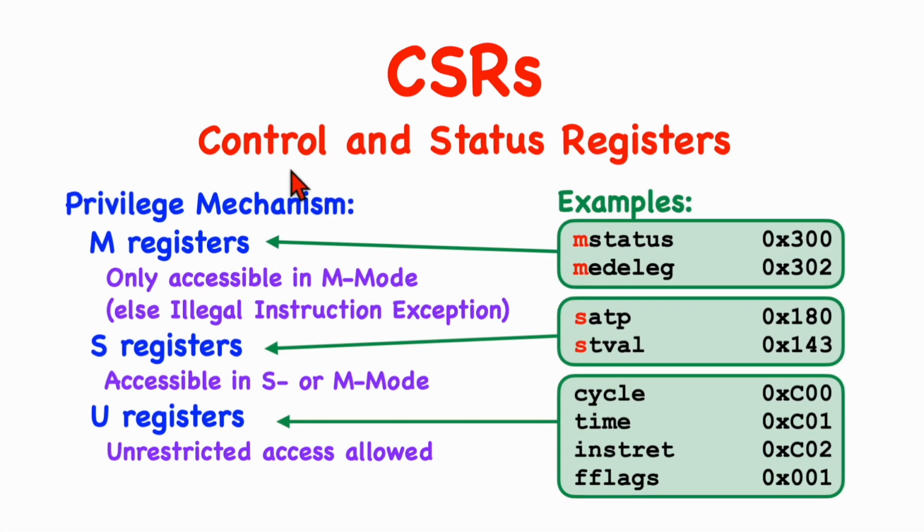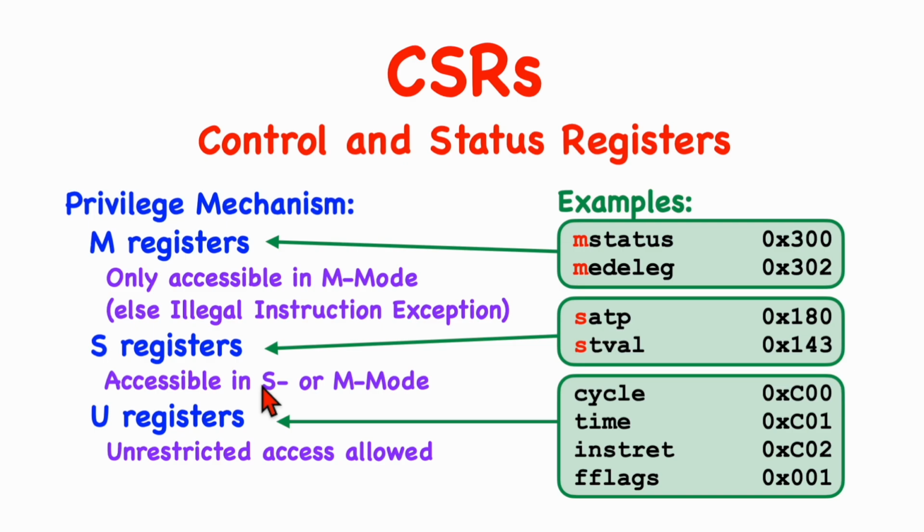So how is access to the control and status registers regulated? There are actually three different categories or classes of registers, and every register belongs to one of these three classes. Some registers can only be read or modified by code running in machine mode.